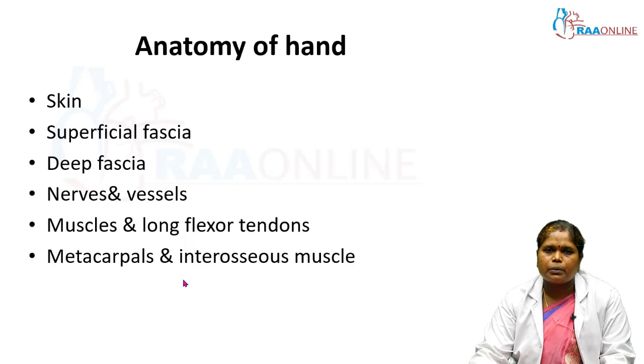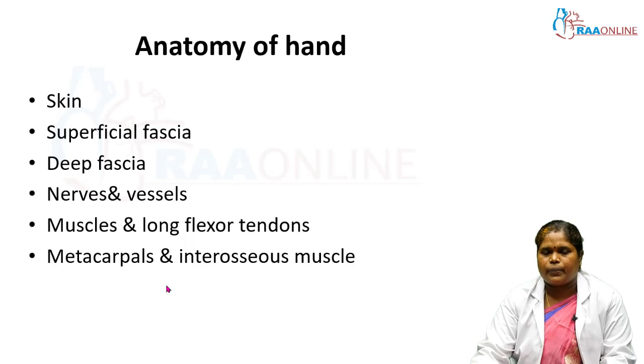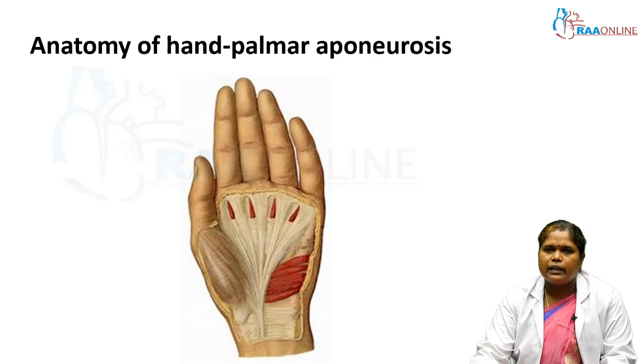Once we remove this palmar aponeurosis, we reach the neurovascular structures of the hand along with the muscles. We have the small intrinsic muscles along with the long flexor tendons of the hand. Deep to this we have the metacarpal bones, and in between we have the interosseous muscles. We will see the layers one by one.